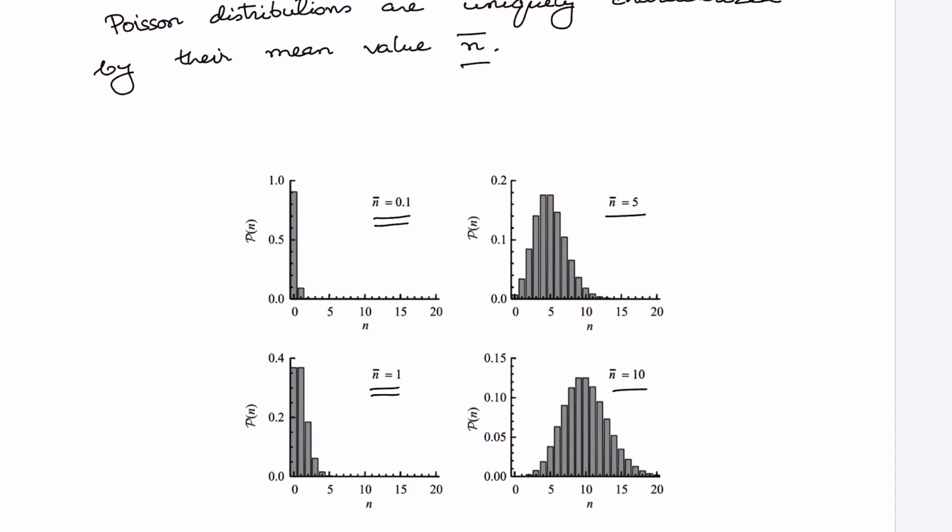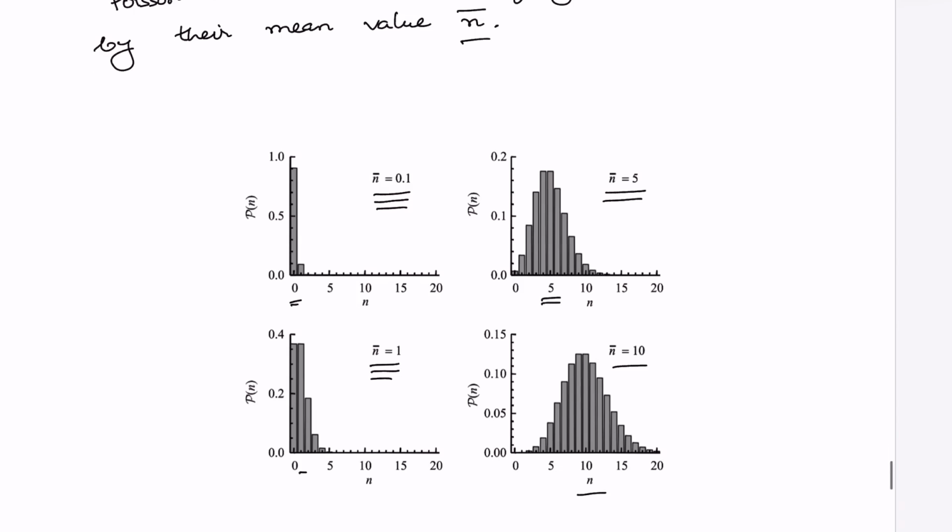If you look at these plots carefully, you will see that the distribution peaks at the mean value n bar. For example, here for n bar equal to 0.1, it is peaked at around 0.1. At n bar equal to 5, it is again peaked at 5. For n bar equal to 1, it is peaked at around 1. And for 10, again as you can see, it is peaked at 10. I hope you are getting it. Also you see that the distribution gets broader as the mean value n bar increases.